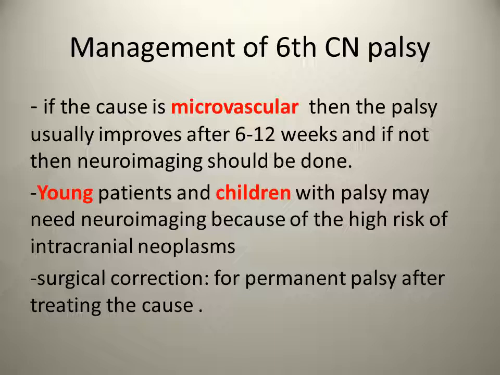Finally, for permanent paralysis or permanent paresis, after addressing the cause and managing the cause, the final treatment is surgical. The large angle esotropia, when there is paresis, meaning partial paralysis, may be corrected by maximum resection surgery.